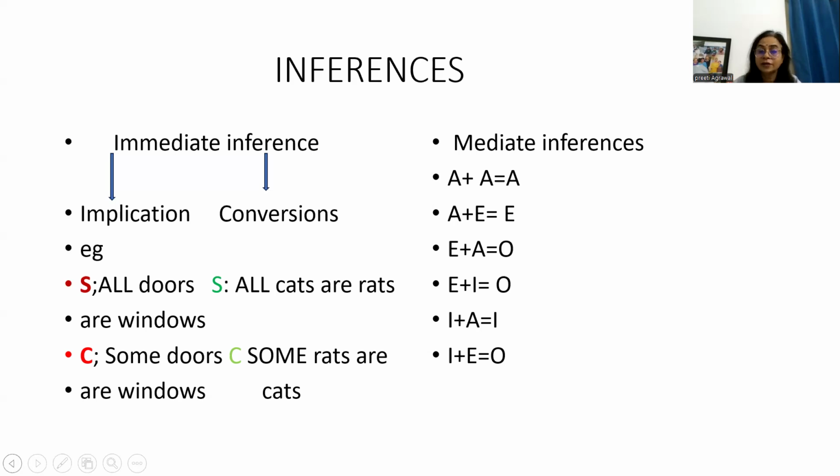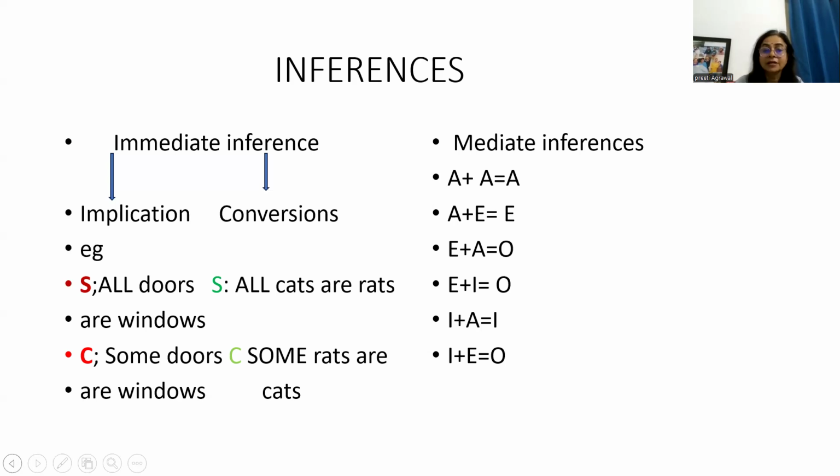All doors are windows. Some doors are windows. In both cases, your subject is doors and your predicate is windows. So in both cases, subject remains subject and predicate remains predicate.